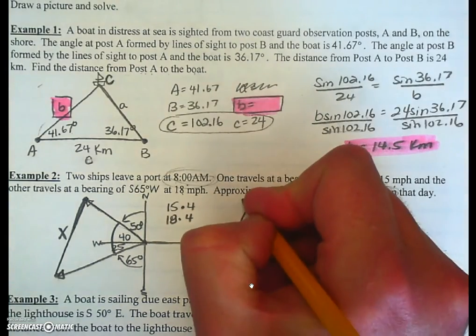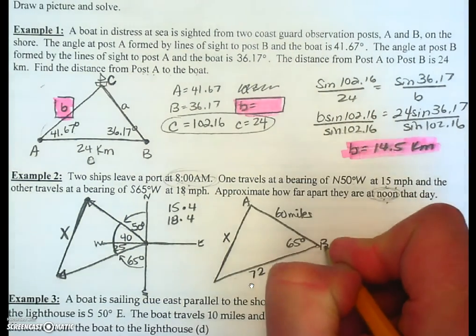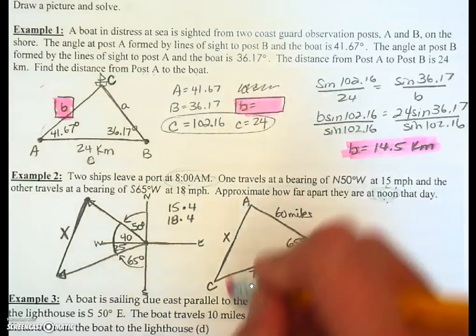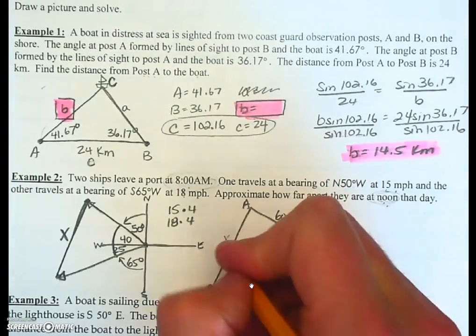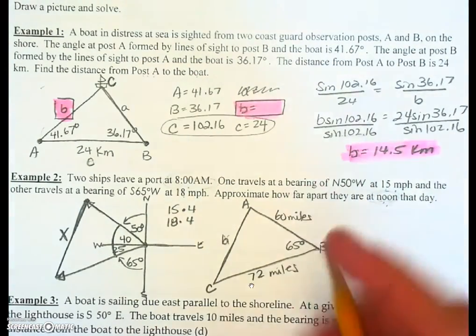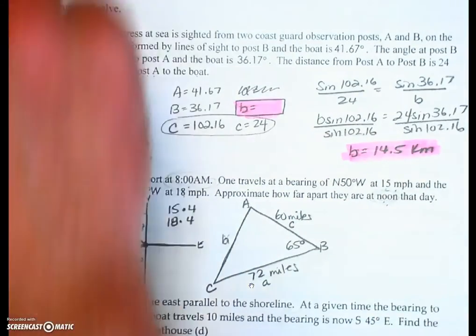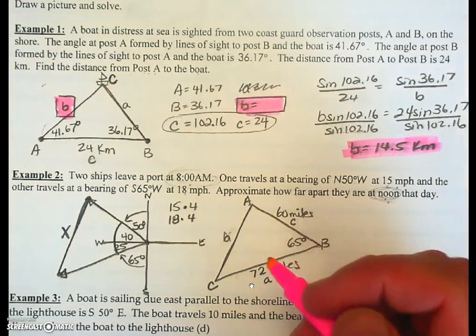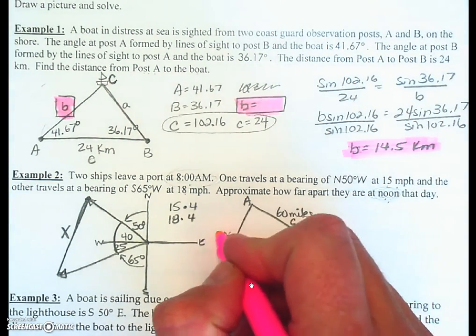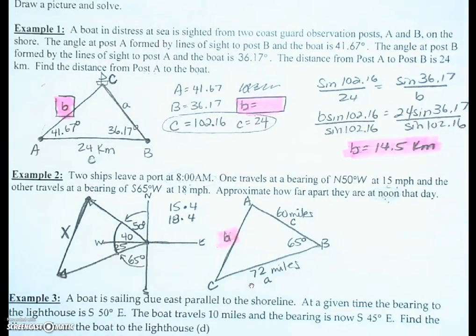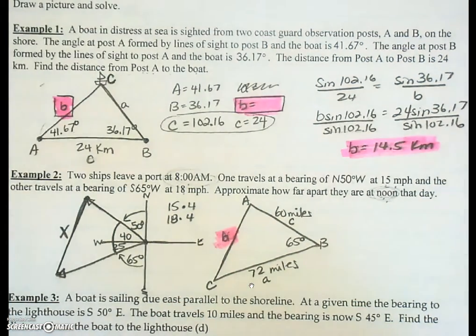Okay, now I'm going to set this up. I'm going to say there's A, there's B, there's C. So instead of this being X now, I'm going to label that as lowercase b. This is lowercase a, that's lowercase c. Here again, what I'm looking for in this problem is that information right there, lowercase b.